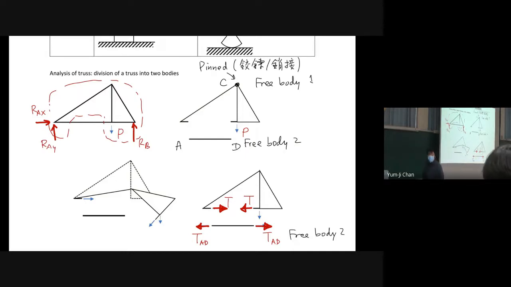By action and reaction, we have these forces also as TAD and TAD. Is that okay?